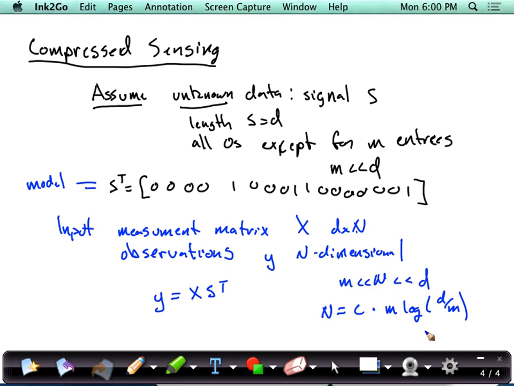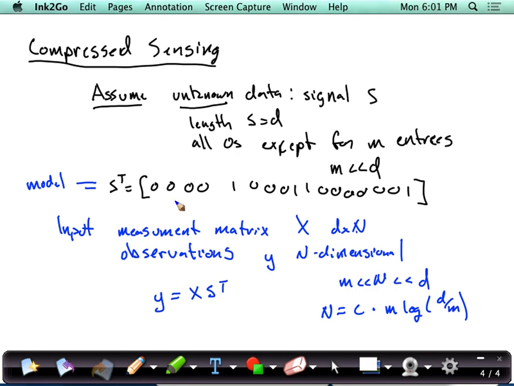If I were to just store this vector S and I wasn't clever about it, I'm going to need D bits. But if M is much less than D, I can do better. I can just store the location of the M items, and it takes log of D to tell me each location.